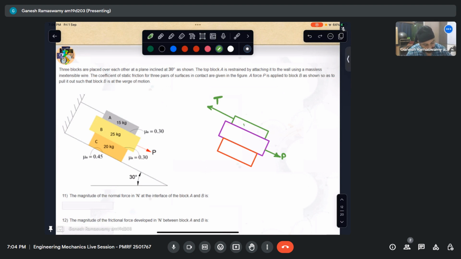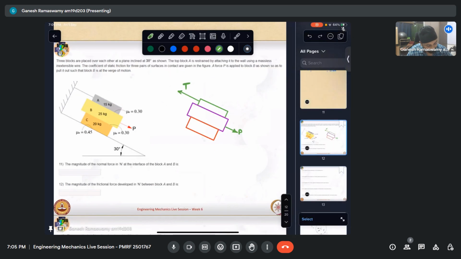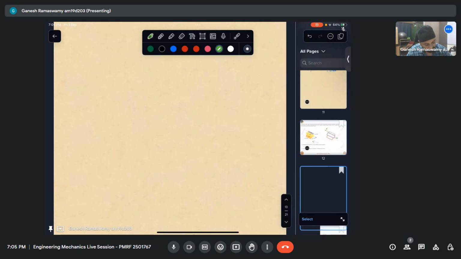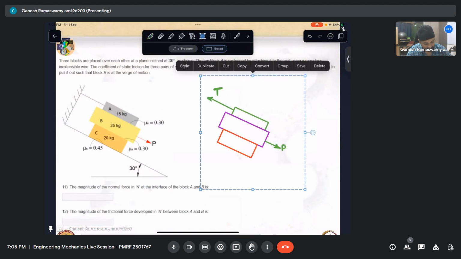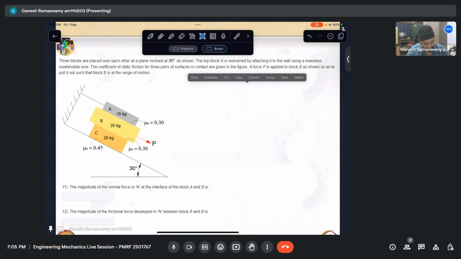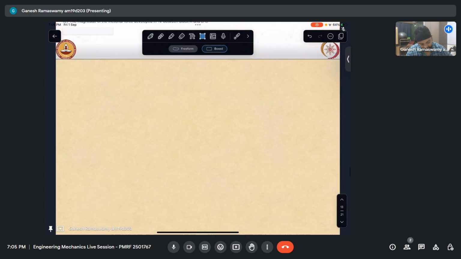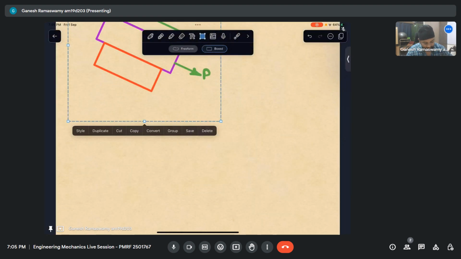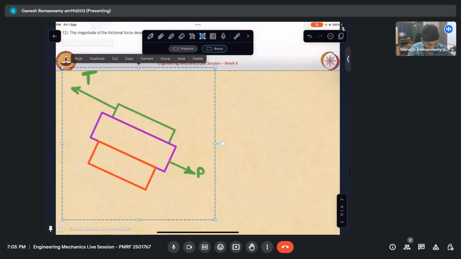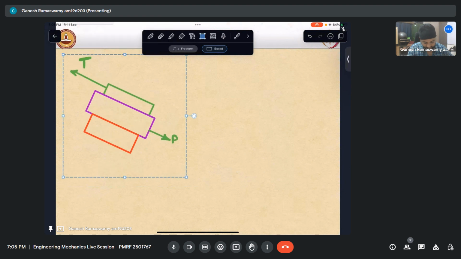In fact, why don't I add a page, and I'll bring it here and draw it big. Let me take it here and draw it big. So this is what it is. The angle is 30 degrees.